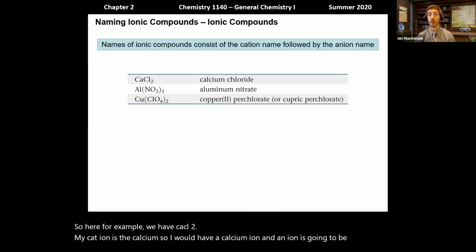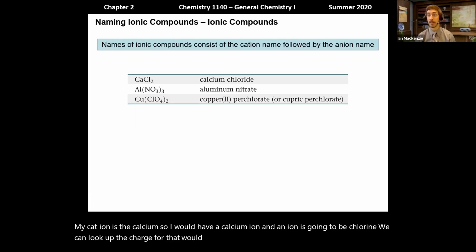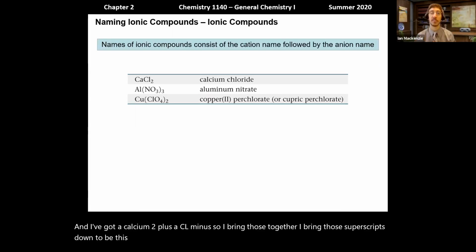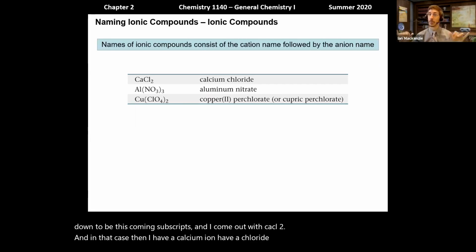We can look up the charge for that: Cl-. I've got a calcium 2+ and a Cl-, so I bring those together, bring those superscripts down to become the subscripts, and I come out with CaCl2. In that case, I have a calcium ion and a chloride ion, and so the compound name is simply calcium chloride.